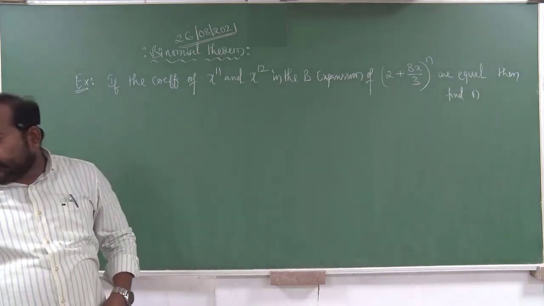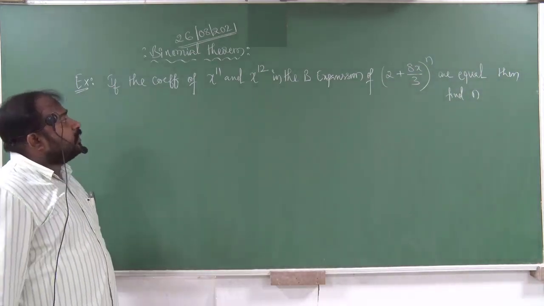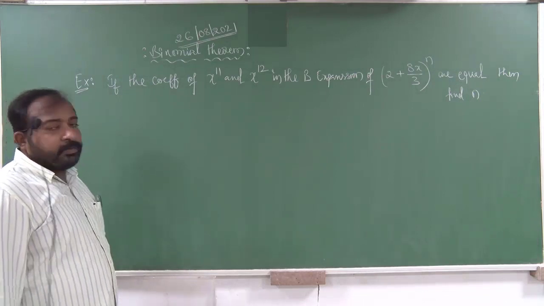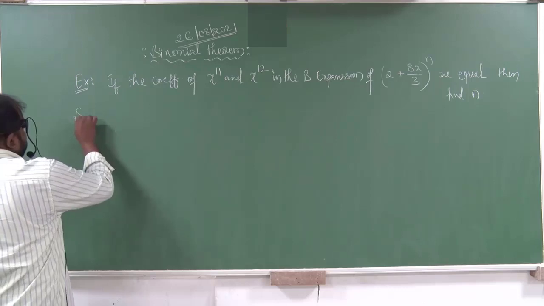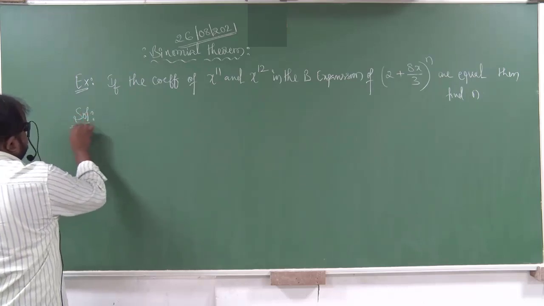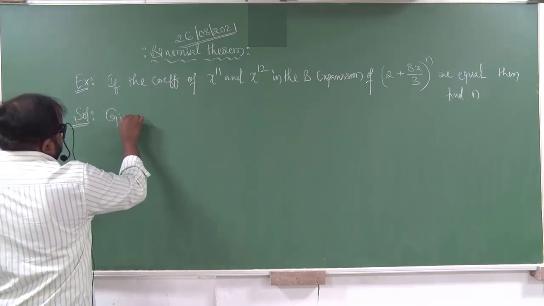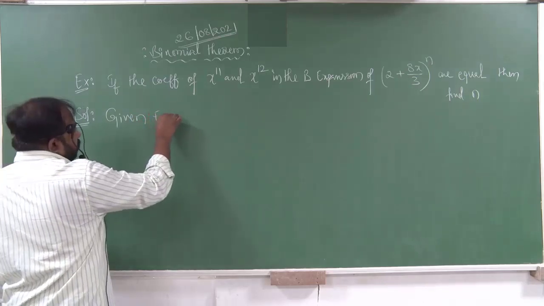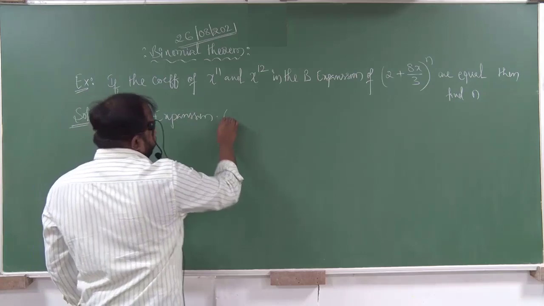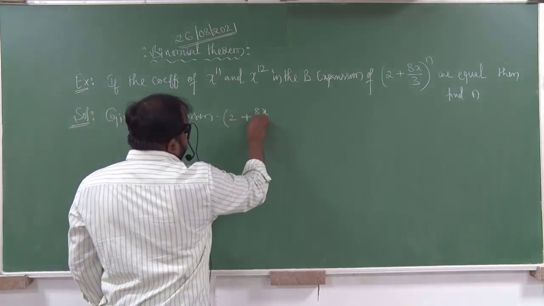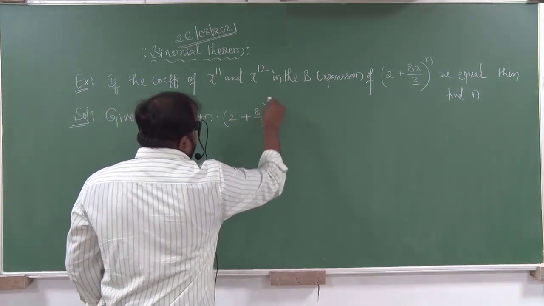In that expansion, x power 11 coefficient and x power 12 coefficient are equal, then what will be the n value? So listen here. The given expansion is 2 plus 8x by 3 whole power n.